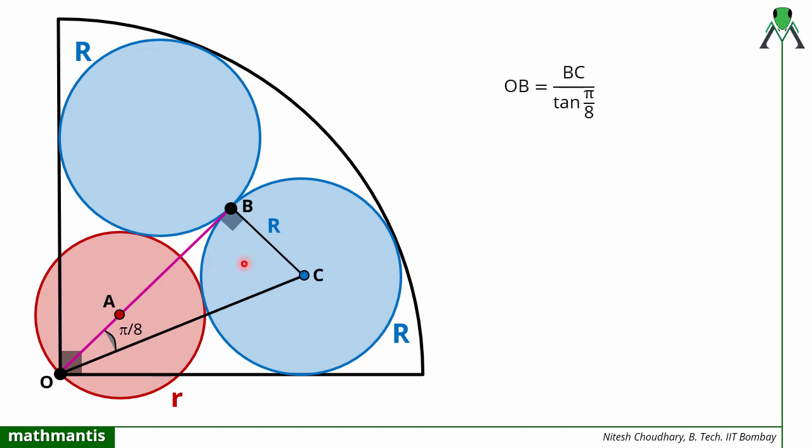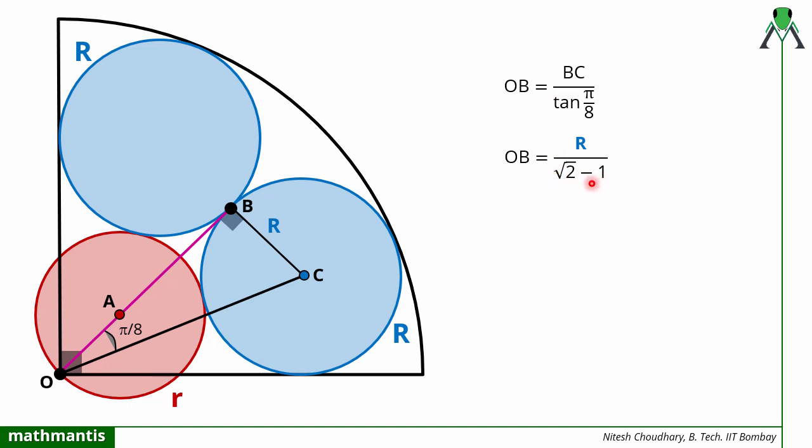From trigonometry we can say that BC divided by OB is equal to tan pi by 8. From there we can find OB in terms of BC, because BC we know the value, that is capital R. So we are trying to represent all the lengths in terms of capital R and small r. So this value can be written as R upon tan pi by 8.